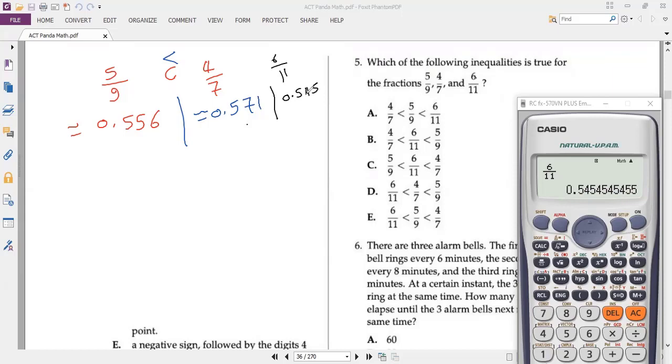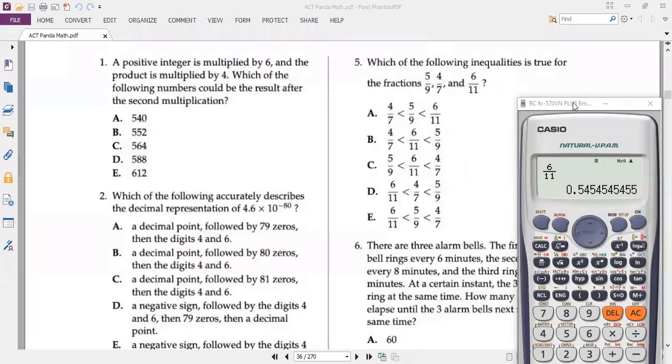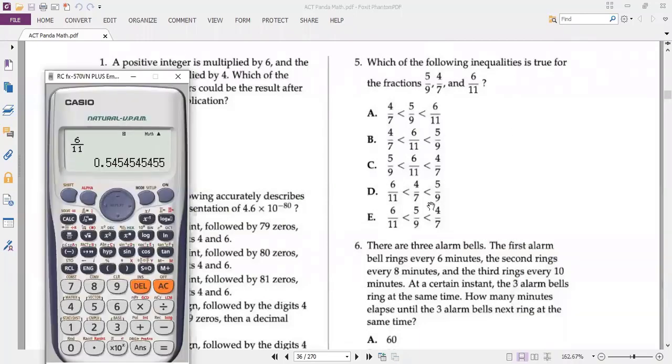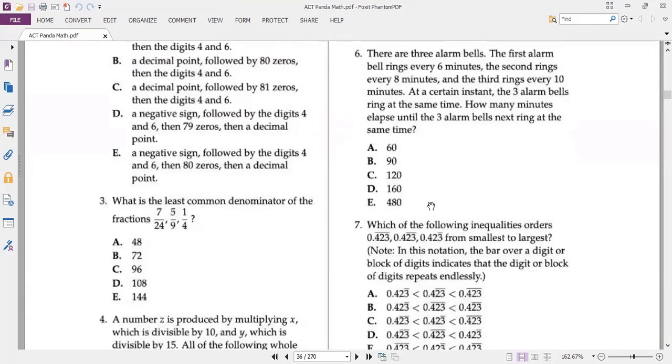So the biggest one is here, number 1. Second biggest one is 5 over 9. So the answer is E. The smallest one is the last one. Answer is E in number 5. I hope it's clear. Just convert to decimals and make approximations for the value on the calculator.